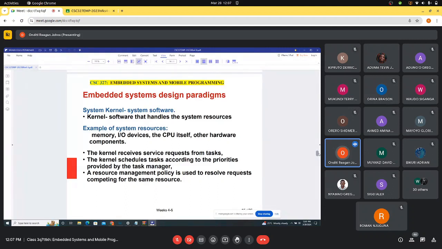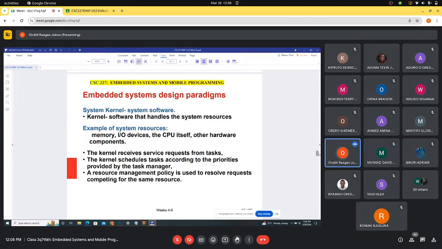You can tell the kernel what you want it to do. It handles the resources within the embedded system: the output resources, the input resources, and the compute resources. Examples are the memory, the input-output devices, the CPU itself, and the other components of the computer.